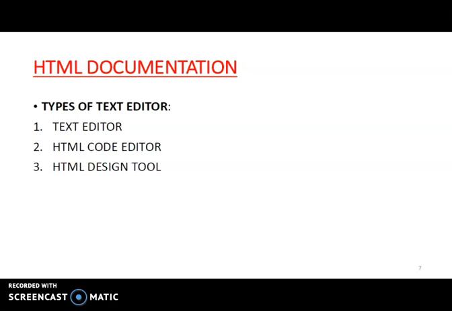In the toolbox, you have multiple tools, so you can drag and drop a tool onto your page. This is the meaning of HTML design tools. So these are the various text editors available in HTML documentation. With the help of that documentation, we can develop or execute our program.